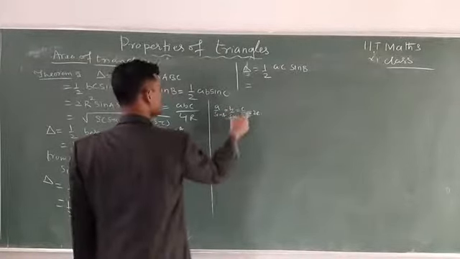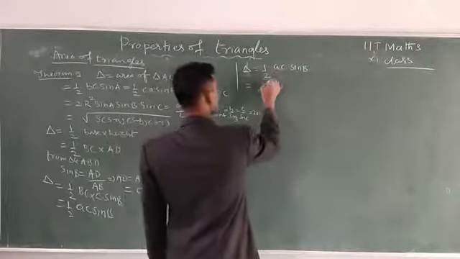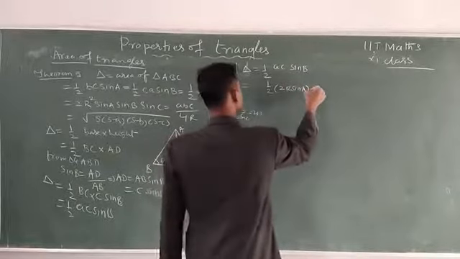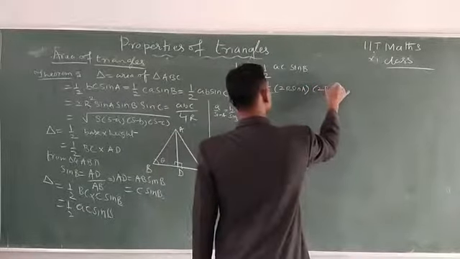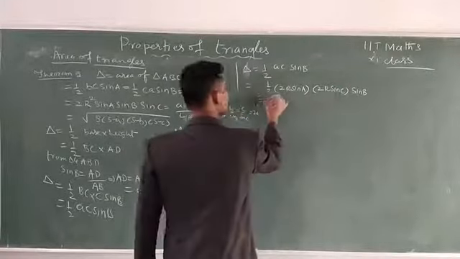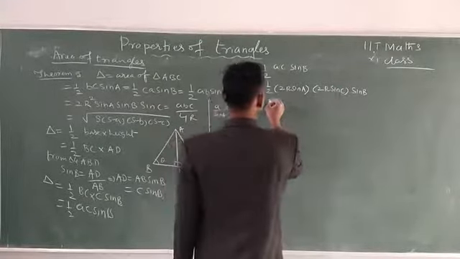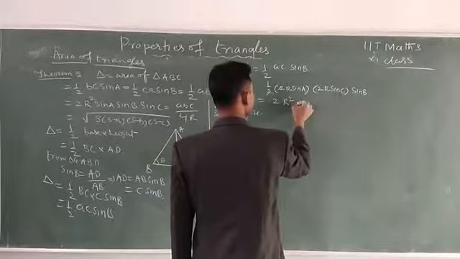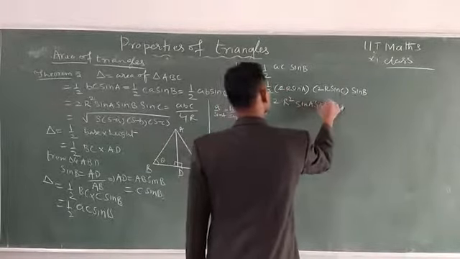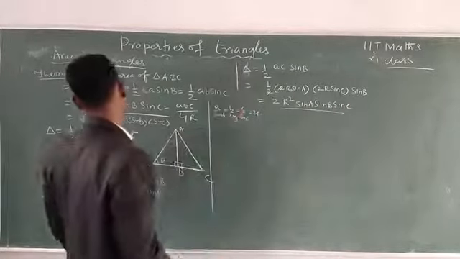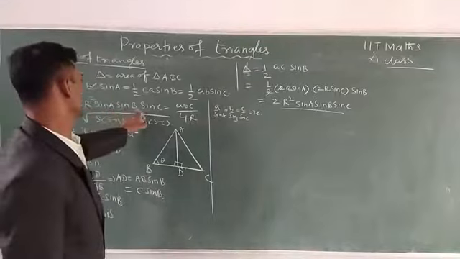Now here A is equal to 2R sin A, and C means 2R sin C, into sin B you can write here. Now the 2 cancels, 2R square, R into R square sin A sin B into sin C. Similarly the remaining two also the same, here 2R square sin A sin B sin C.